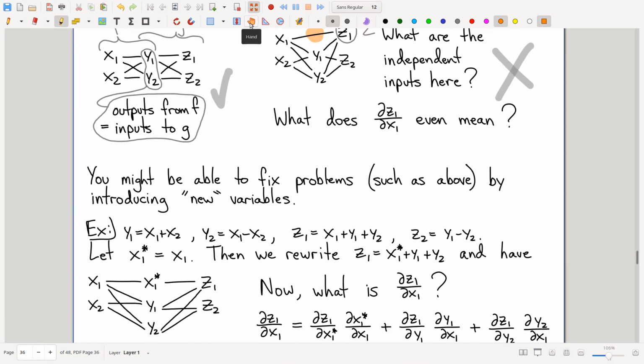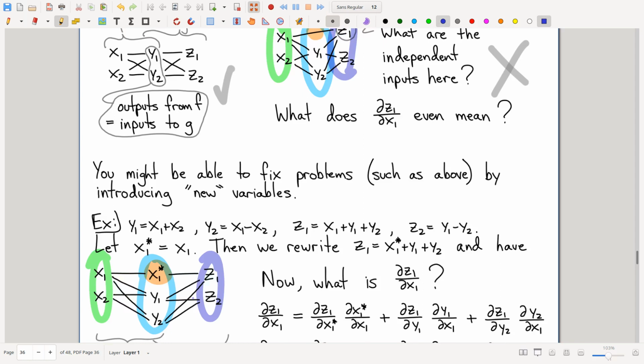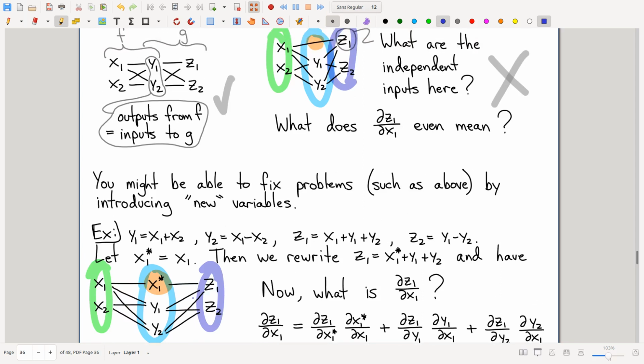There we go. Putting that new variable right there solves the problem for me. Now I've got x1 and x2 there, and the new variable and y1 and y2 there, and I have z1 and z2 there, and everything looks good in this bottom diagram.